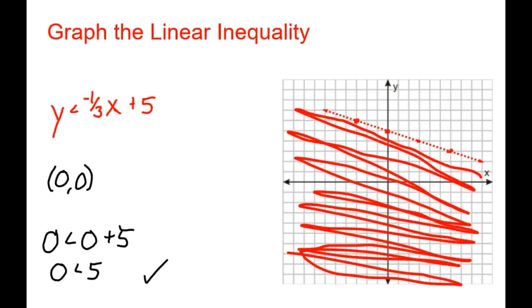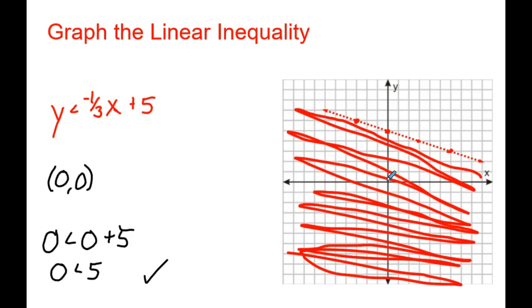So we used the origin as our test point, plugged it in, and got a true statement. The origin lies below our line, so I shade the region that lies below the line we constructed. Just a quick review of this process. First, we used the slope and y-intercept to plot some ordered pairs. Then we determined whether our line should be solid or dotted based on the inequality symbol. Then we pick a test point, using the origin if we can.